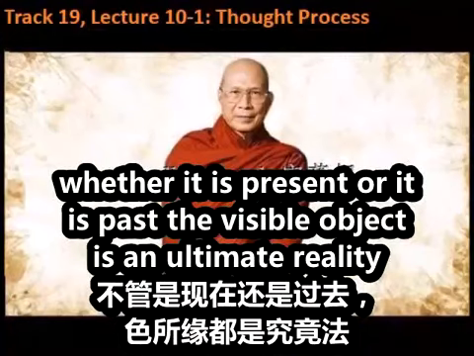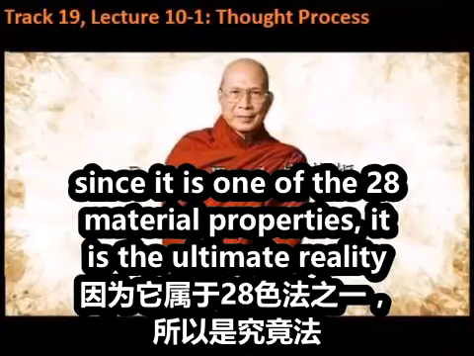Whether it is present or it is past, the visible object is an ultimate reality. Since it is one of the 28 material properties, it is the ultimate reality.